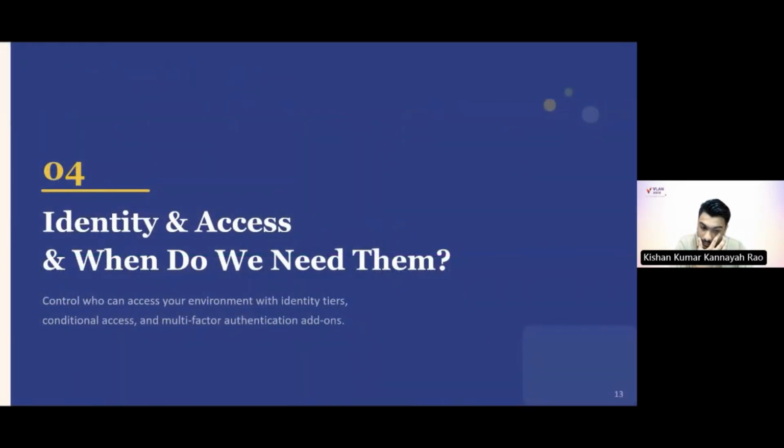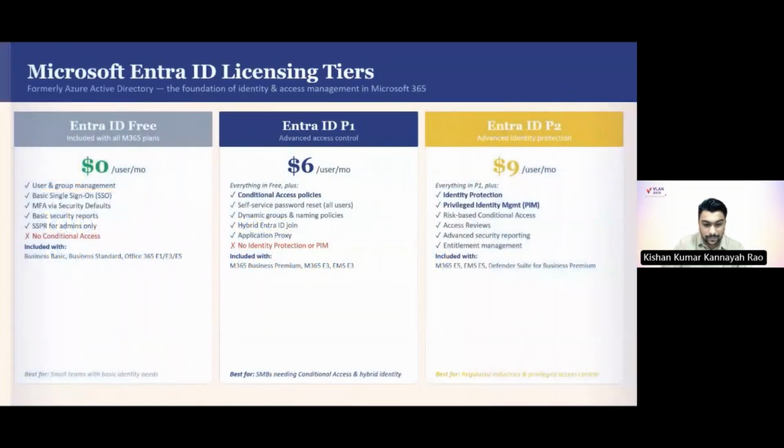Our first focus, like I mentioned, is identity and access: controlling who can access your environment with the identity tier, conditional access, and MFA add-on licenses. Here we have Microsoft Entra ID. If you have worked in or understood the Microsoft environment for quite a long time, you might have heard of this license called Azure Active Directory.